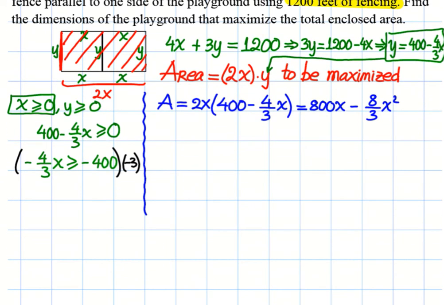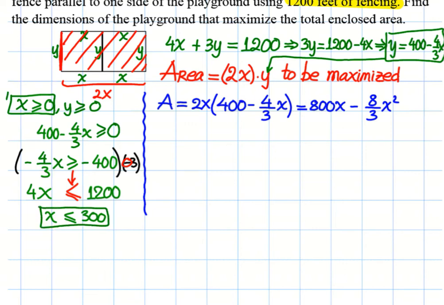Notice that since we multiply both sides by a negative number, the inequality has to be reversed. So we have 4x less than or equal to negative 3 times negative 400, which is 1200. Divide by 4 on both sides: x is less than or equal to 300. So 1200 divided by 4 is 300.